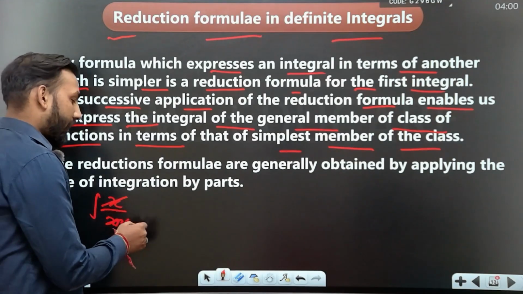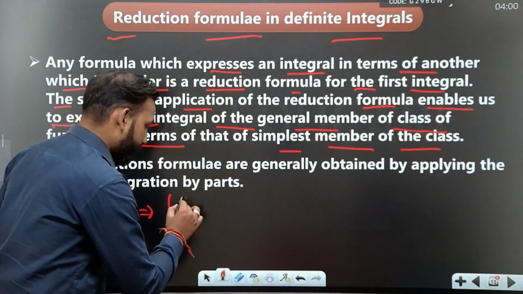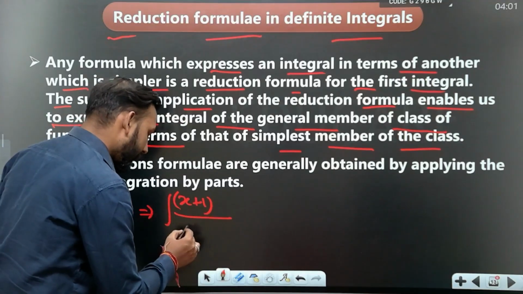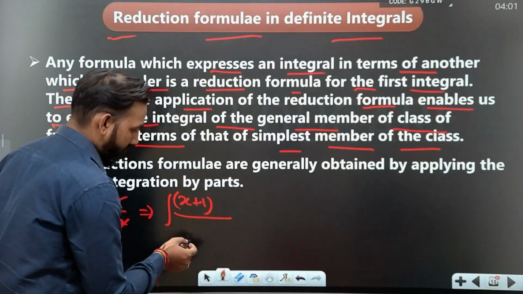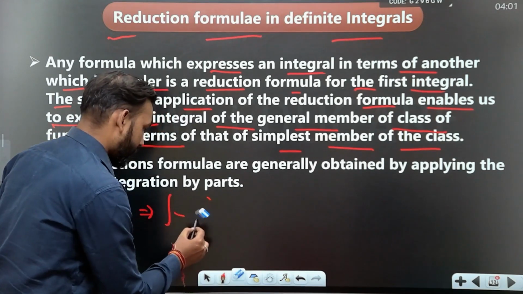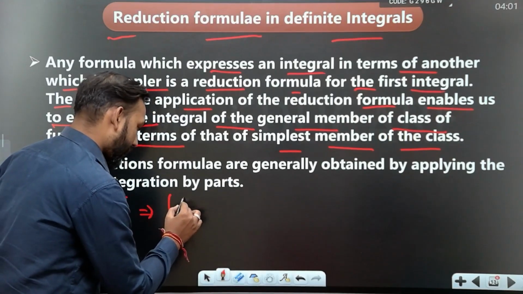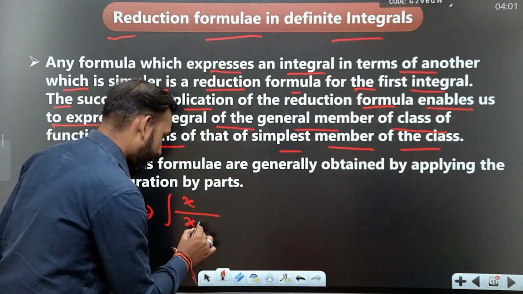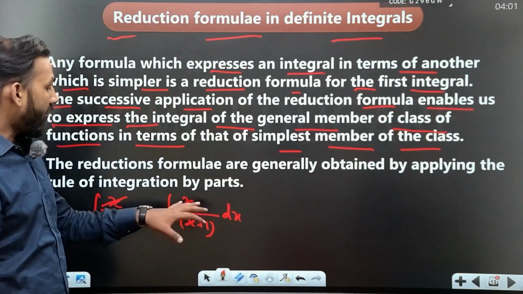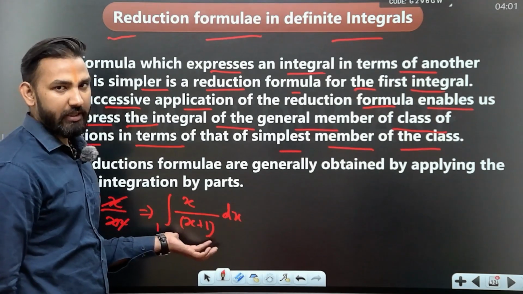We can't have any distraction of this particular thing. If we have x over x plus 1 dx, this particular formula, we don't know how we calculate this particular thing.